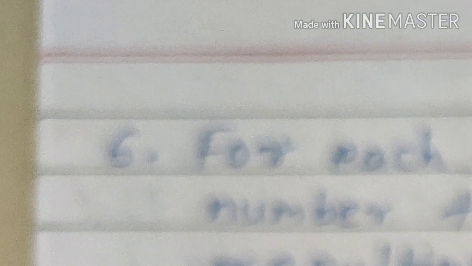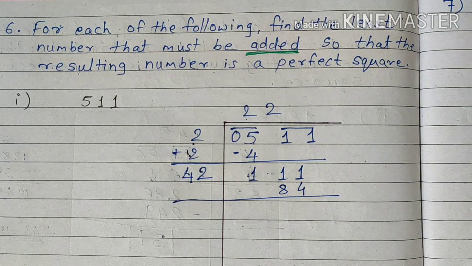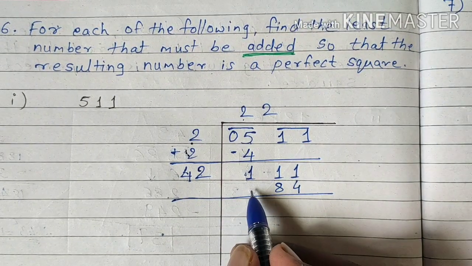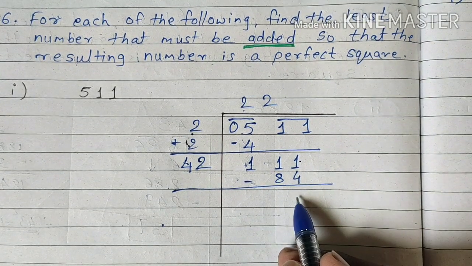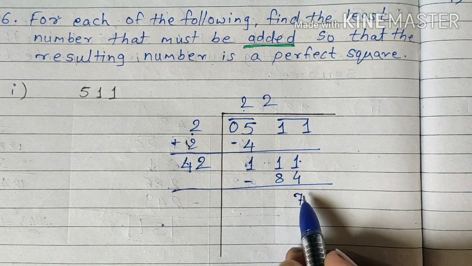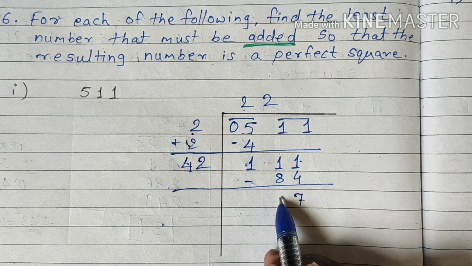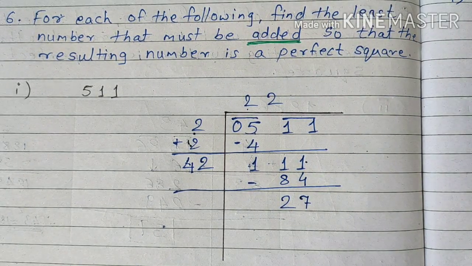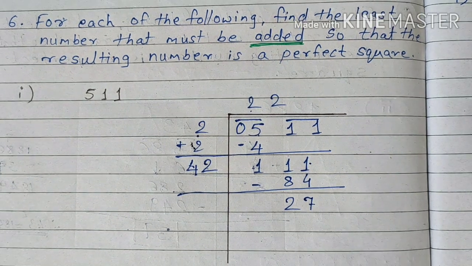It is 84. Got it? Subtraction of these two: 11 minus 4 is 7. 10 minus 8 is 2. So 27.